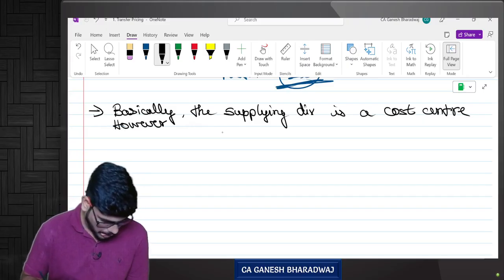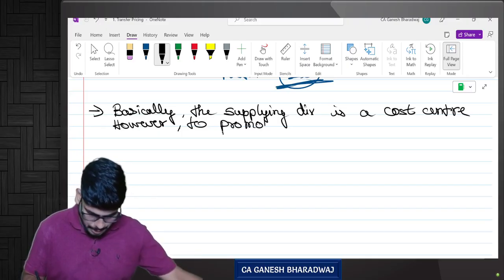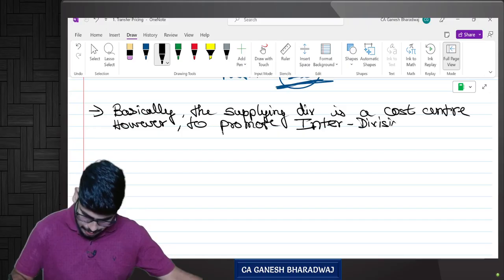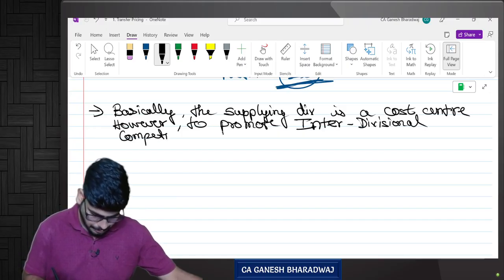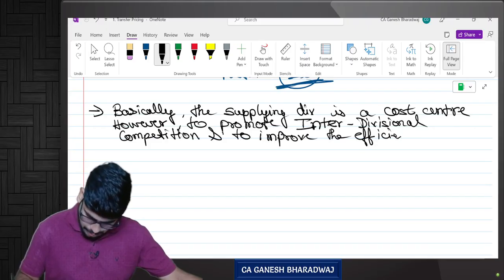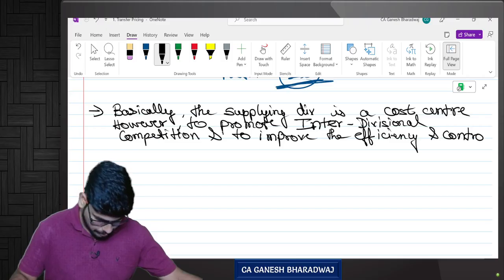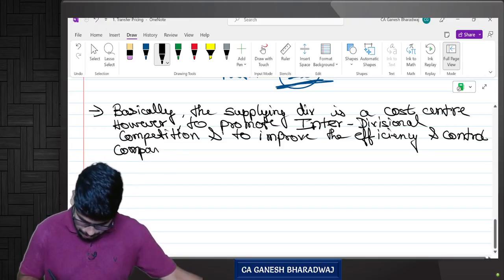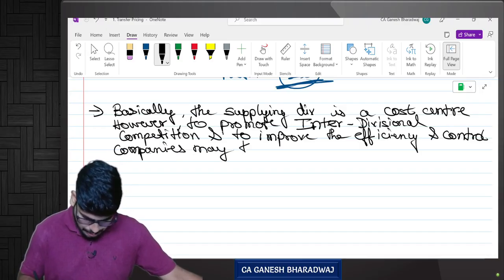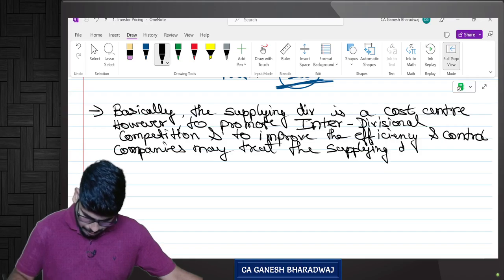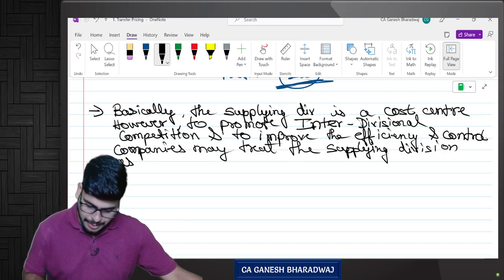However, to promote interdivisional competition, and to improve the efficiency and control, companies may treat the supplying division as profit center.